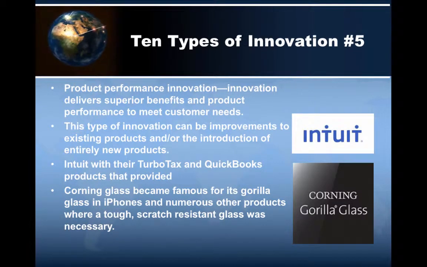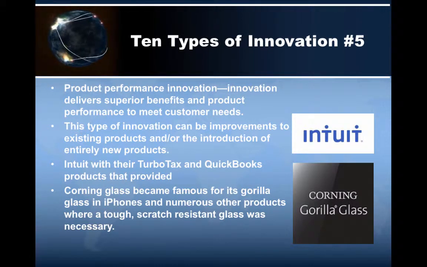The fifth type of innovation is product performance innovation. When people think of innovation, it's probably the first type that they think of. It's innovation that delivers superior benefits and product performance to meet customer needs. This type of innovation can be improvements to existing products and/or the introduction of entirely new products, line extensions, product improvements, new and improved, and all that sort of stuff.